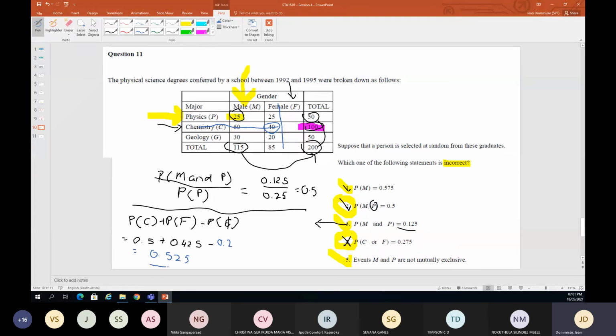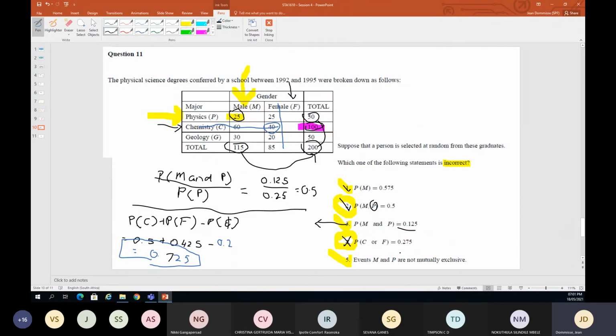Okay, no, I made a mistake. 0.5 plus that is 0.9. So 0.725. Okay, which you can see is definitely not the answer.